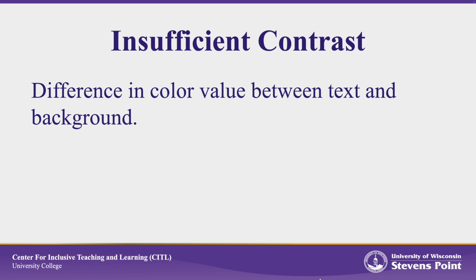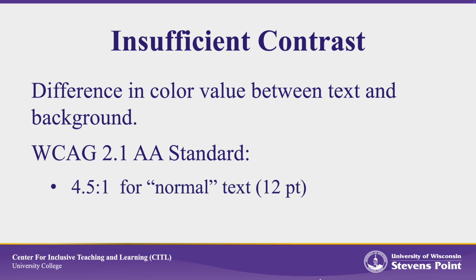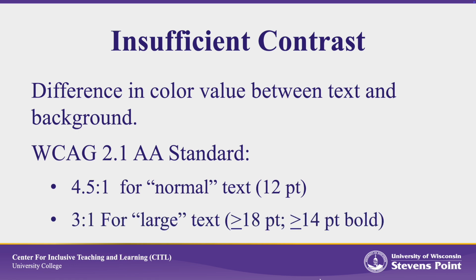The standard we are required to meet, according to the Web Content Accessibility Guidelines 2.1 AA level, is that normal-sized text, which is 12-point text, should have a contrast ratio of 4.5 to 1 compared to the background. Large text, which is text over 18 point or over 14 point if it's bold, because of its size, can have a slightly lower contrast ratio of 3 to 1 to be compliant.